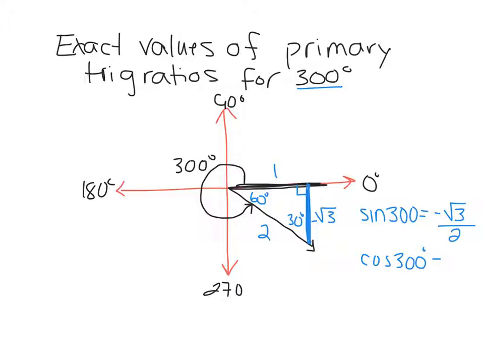And tan of 300 degrees is equal to y over x, so negative root 3 over 1.